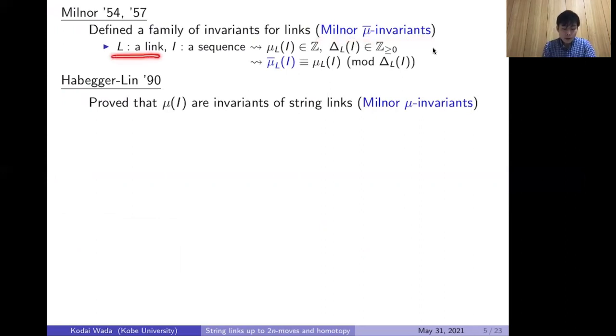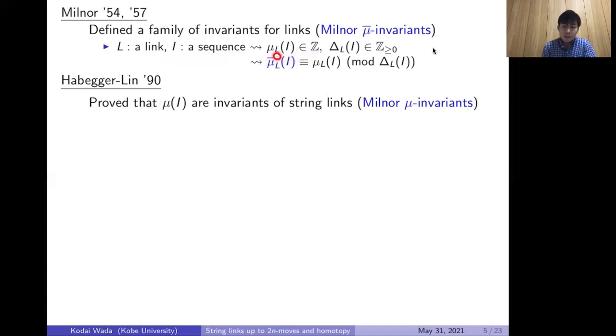For a link L and for a sequence I, we can define an integer mu L I. This integer is called the Milnor number of L.